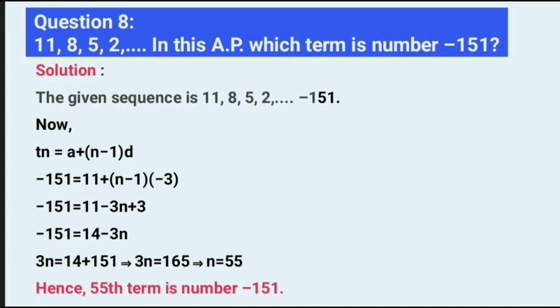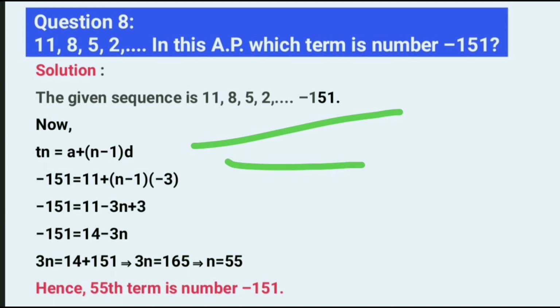Question number 8. 11, 8, 5, 2 and so on. In this AP, which term is number minus 151? Now the given sequence is 11, 8, 5, 2 and the last term is minus 151. Now Tn is equal to A plus n minus 1 into D. So minus 151 is equal to 11 plus n minus 1 into minus 3.